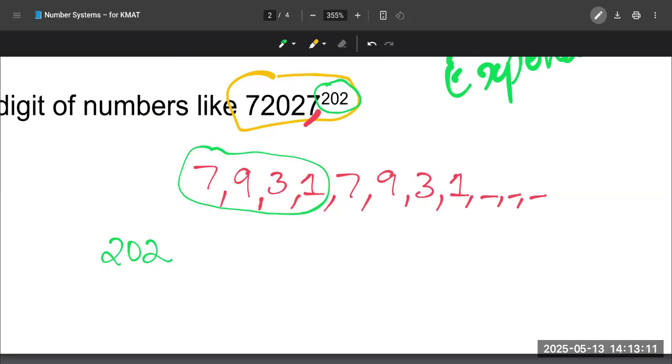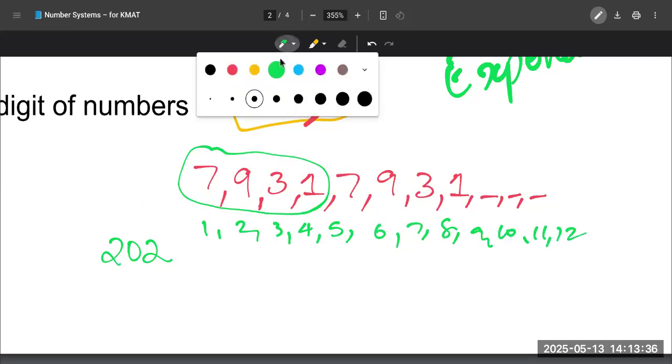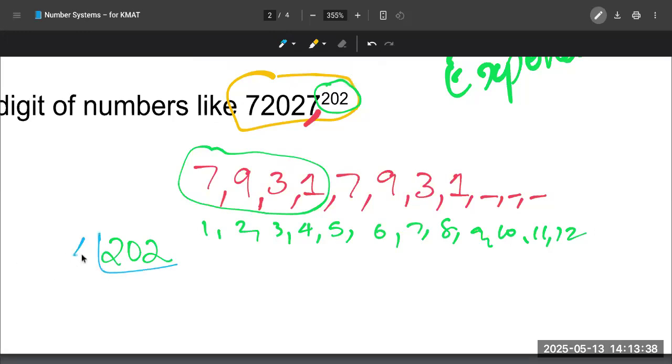Here the cyclicity is that the number is repeats after every 4 powers: 7 raised to 1, 2, 3, 4, 5, 6, 7, and so on. That means we can divide the power by 4 and find out the remainder. So basically, what is the remainder when 202 is divided by 4?